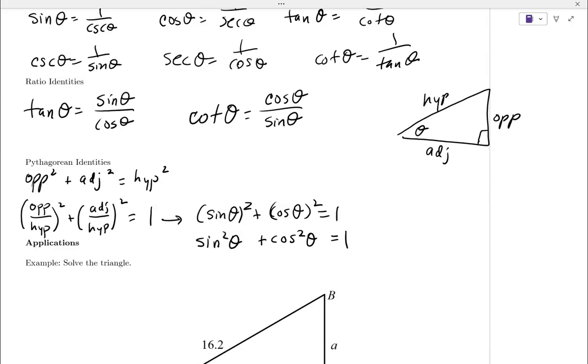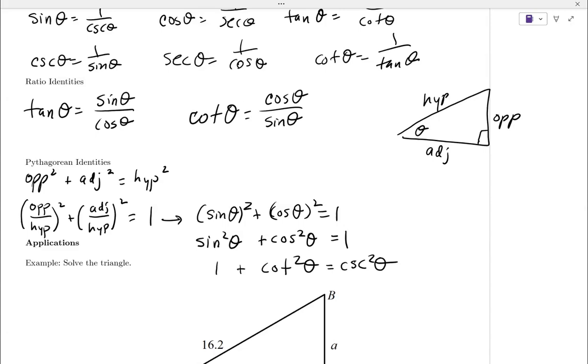What does this one become? Cotangent squared. This one becomes 1 over sine squared, and 1 over sine is the same thing as cosecant, so you get cosecant squared, right? So another Pythagorean identity is 1 plus cotangent squared equals cosecant squared.